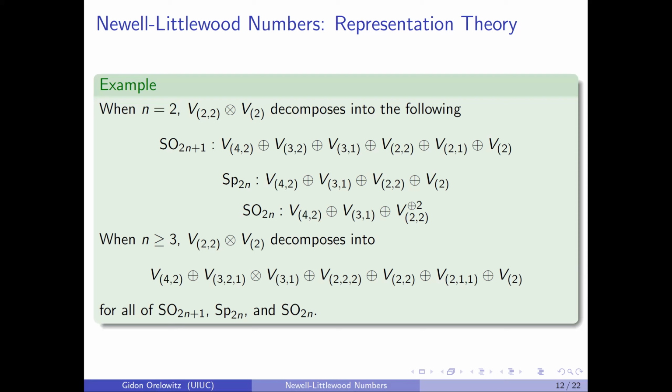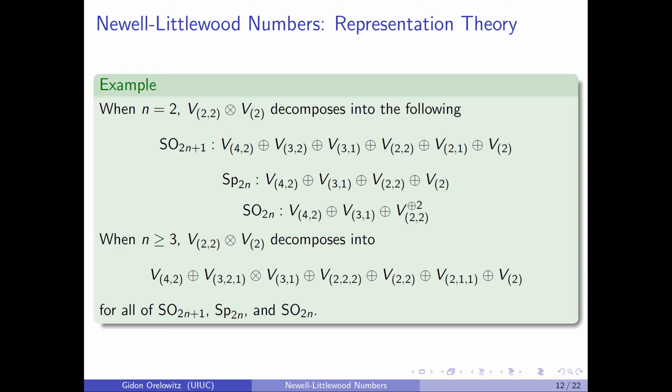And you can even have the case where the representation stays, but its multiplicity changes. So for example, V22 has multiplicity 2 in SO2n, but then it has multiplicity 1 when you go to 3.